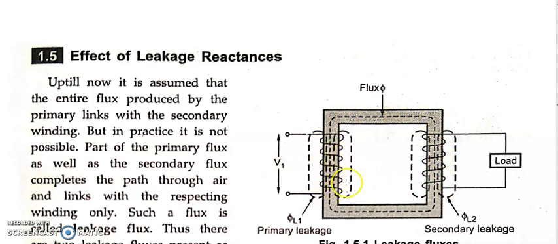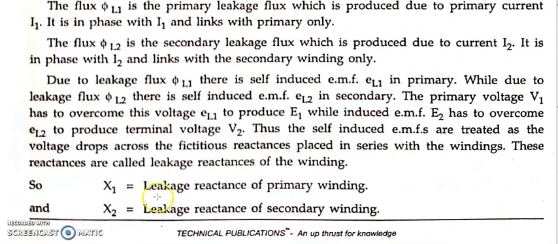So due to this leakage, what happens? It produces an induced EMF called small e suffix L1, the EMF induced due to leakage reactance in the primary winding, due to the primary leakage flux phi L1. It is shown over here.